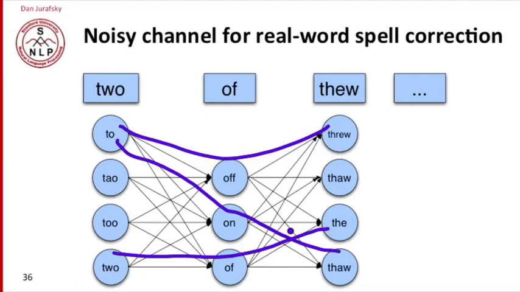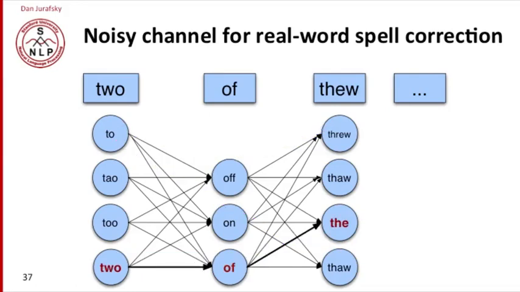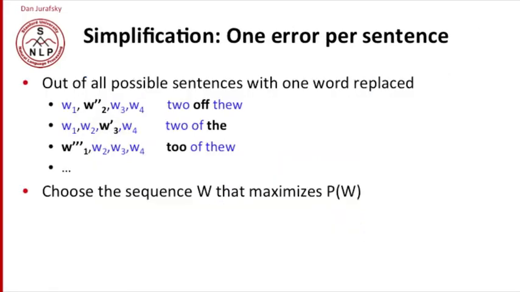We'll pick the most probable one according to the noisy channel. And hopefully a good noisy channel model will pick the correct answer, two of the, as our most likely sequence here. In practice, for spelling correction, we often make the simplification that we're only seeing one error rather than letting every word have a possible error in it.